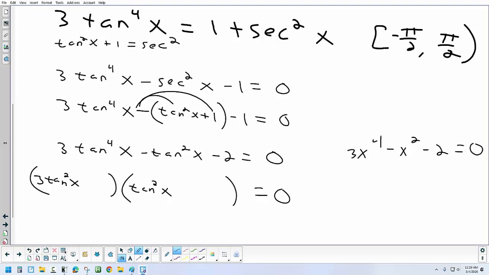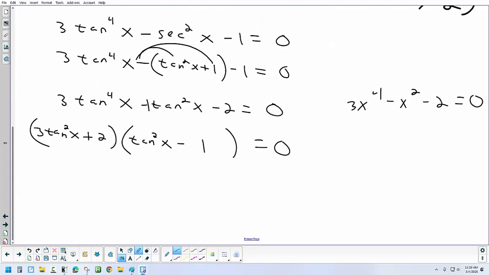Yep, one of each. So let's try a minus and a plus. And 2 numbers that multiply to give me 2. Let's try that. If you multiply that out, that's perfect. That's 3 tan to the 4th minus 3 tan squared plus 2 tan squared. Minus 3 plus 2, minus 1. So we factored it. Now, what do we do with each factor? Reese, what do I do with each factor?